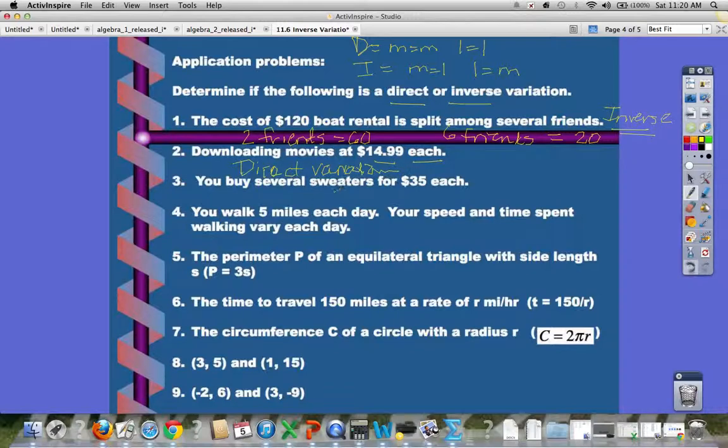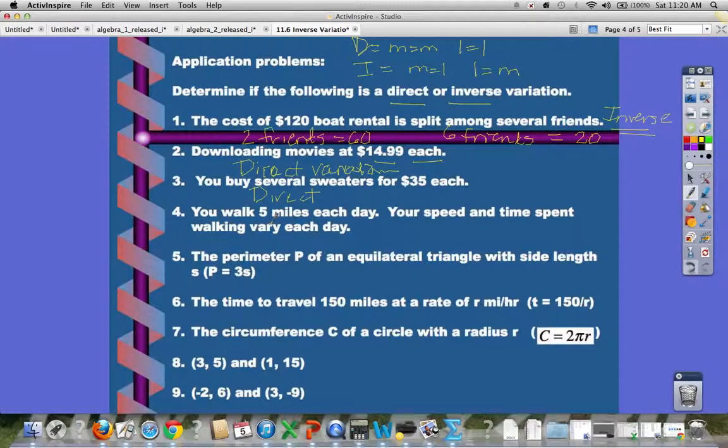All right, you buy several sweaters, and they're $35 each. So in other words, it does not matter if you buy 1 sweater or 20 sweaters, it's still $35 each. That, again, is a direct variation. Okay, you walk 5 miles each day. Your speed and time spent walking vary each day.